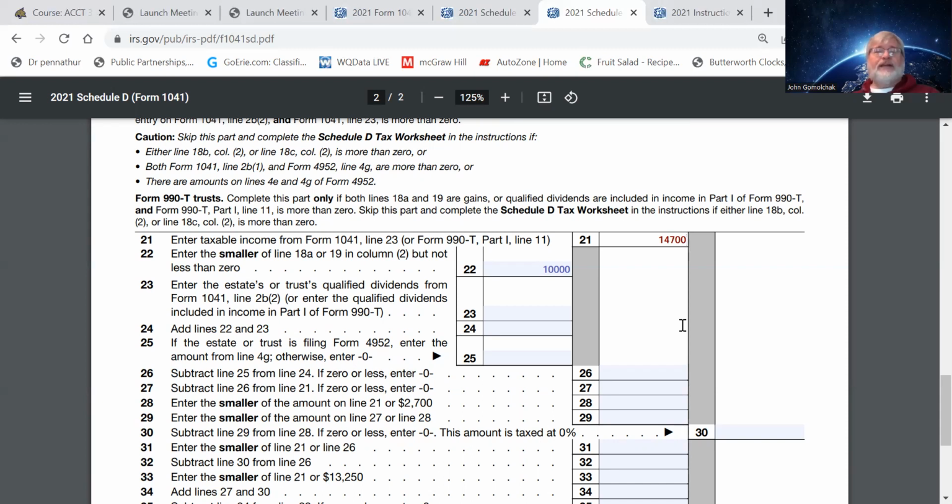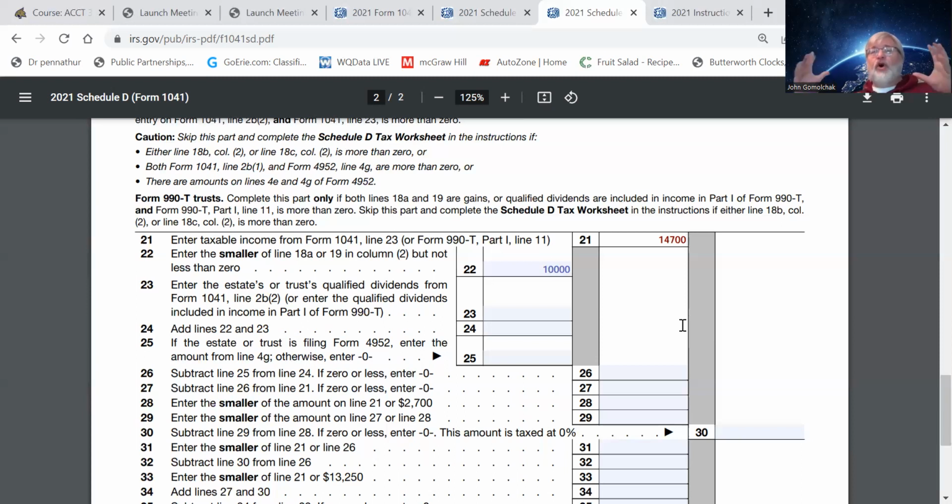And qualified dividends, the easiest way to describe that is it's dividends that are paid by a US-based company. Because the government is feeling, okay, we're going to get the income tax from that company, we'll give you a little bit of a break on the dividends that you receive from that US-based company.